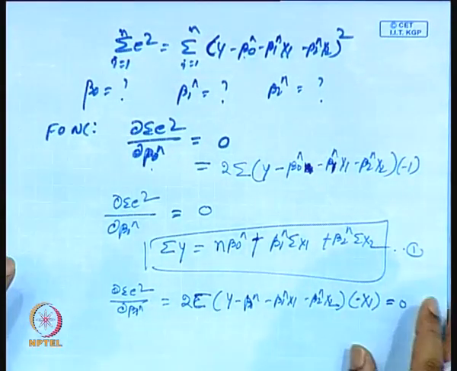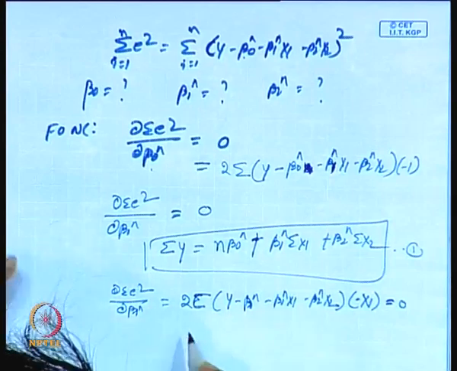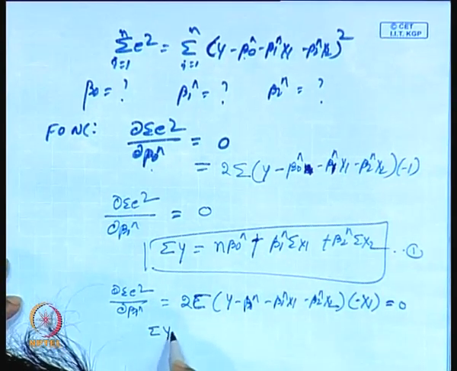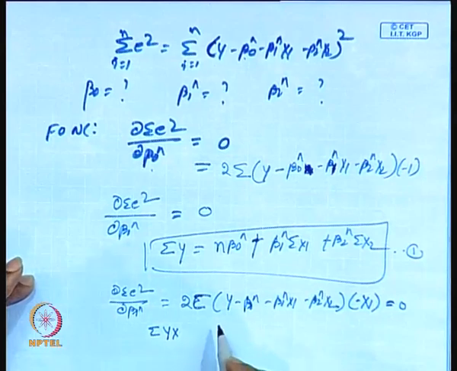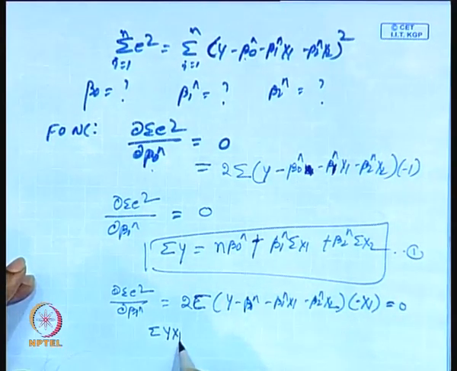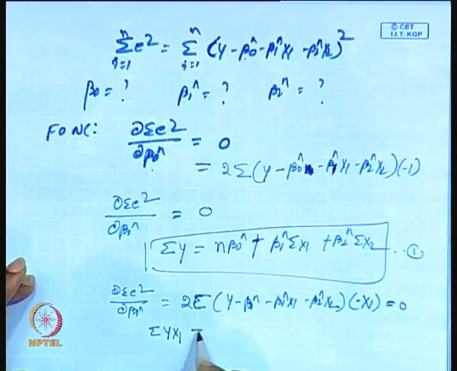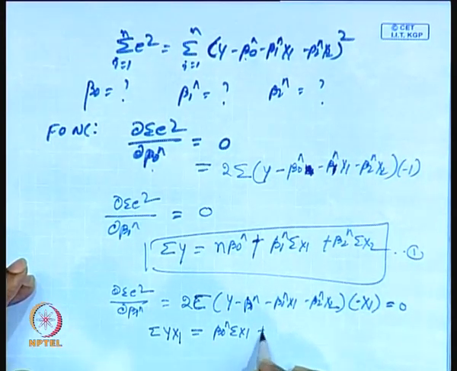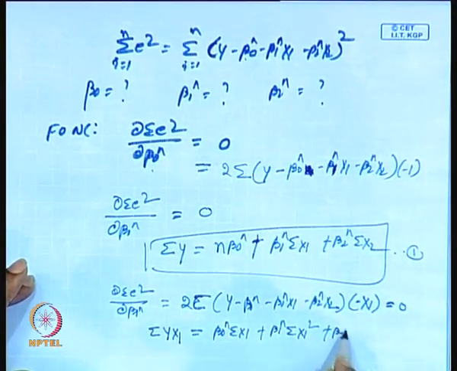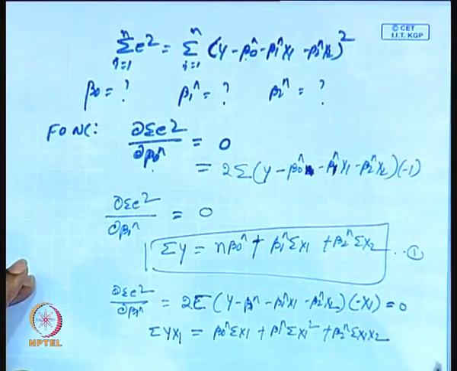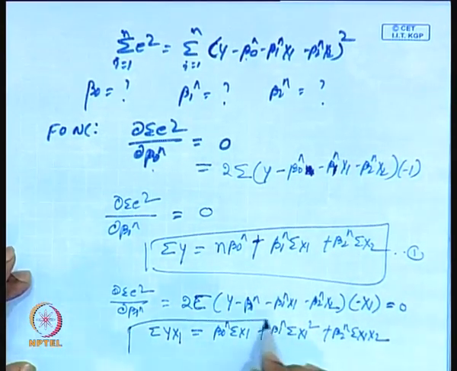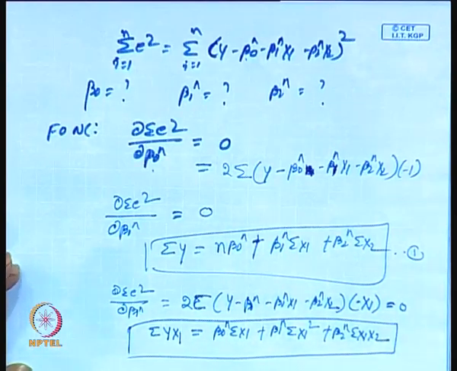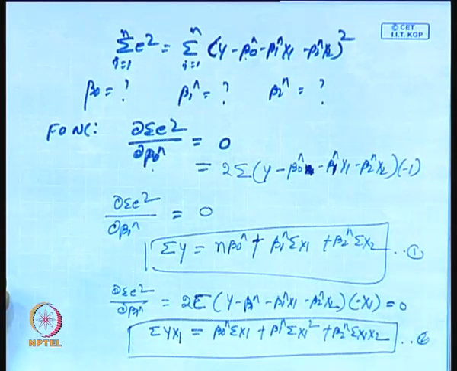Simplifying this equation, we have summation yx1 is equal to beta 0 hat summation x1 plus beta 1 hat summation x1 square plus beta 2 hat summation x1 x2. So this is equation number 2.